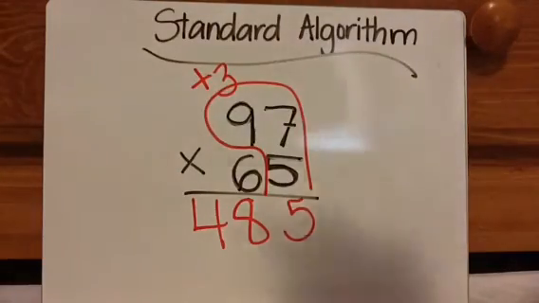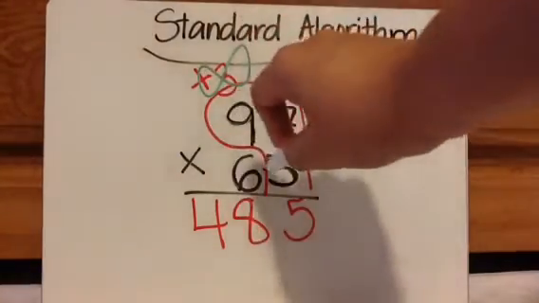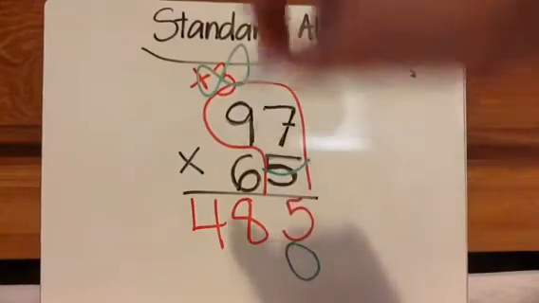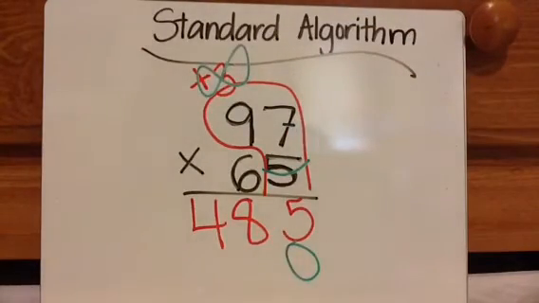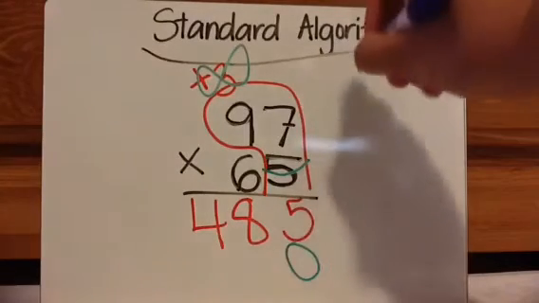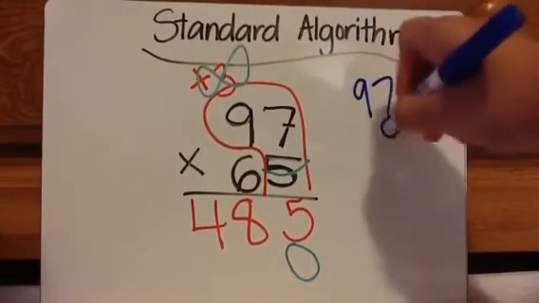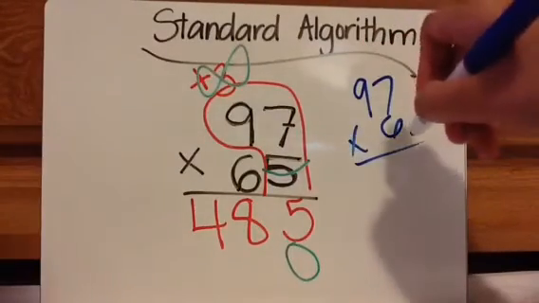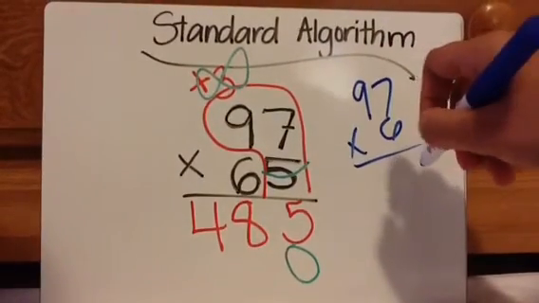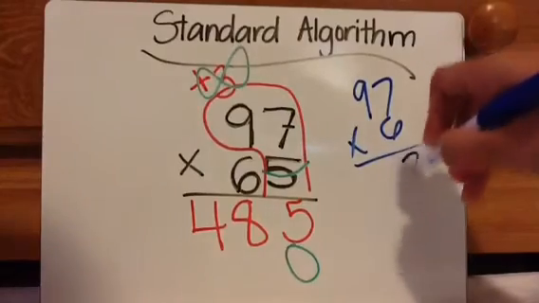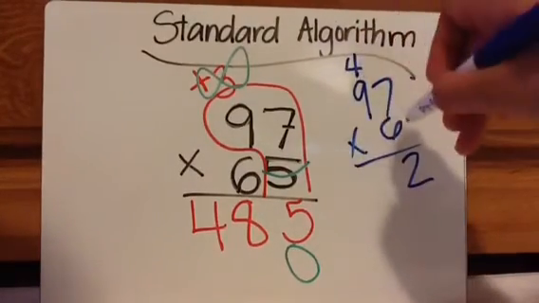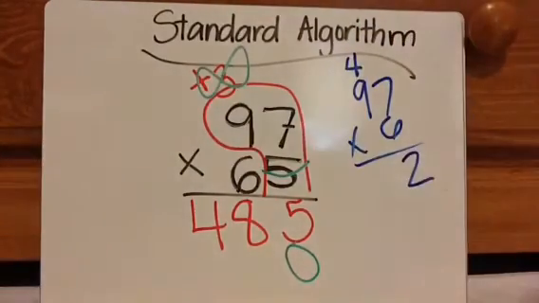Step 2, bow tie, collar, lay an egg. Step 3, 97 times 6. Remember, if it's too messy, if it's overwhelming, you can do it on the side. 7 times 6 is 42. 9 times 6 is 54.